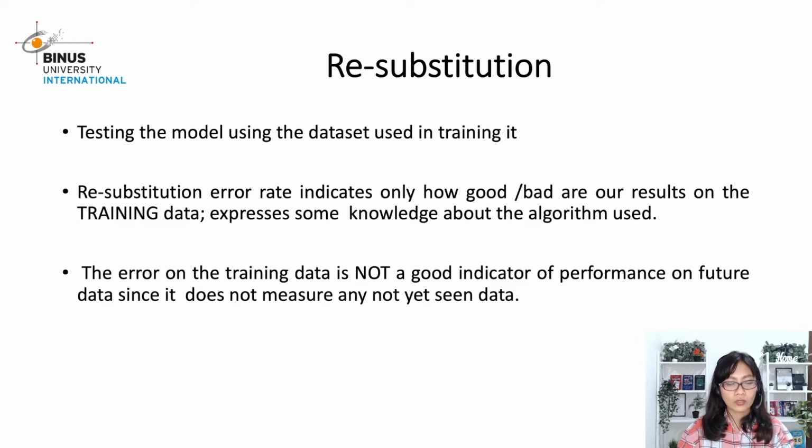So we actually cannot draw any conclusions about the model. This is just knowledge about the algorithm. The error on the training data is not a good indicator of performance on future data since it does not measure any unseen data.